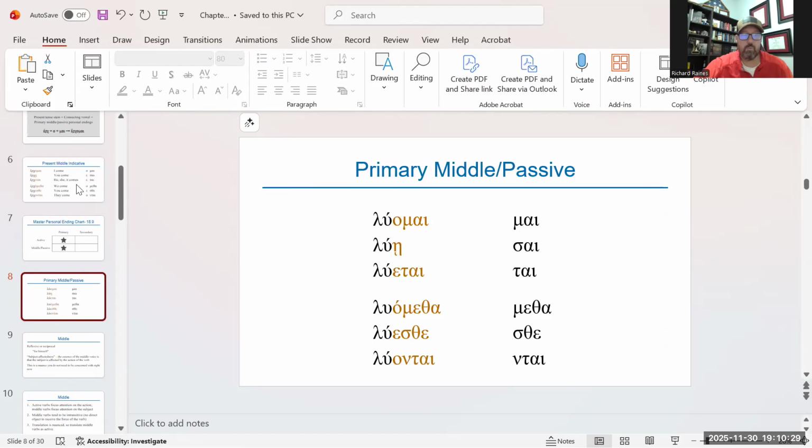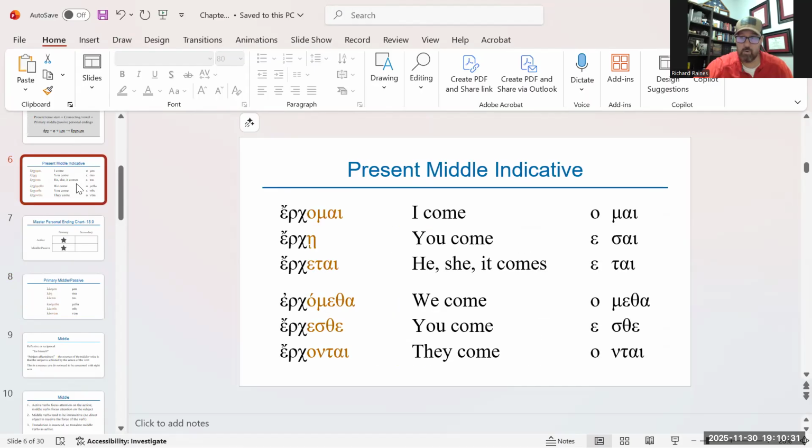So if you encounter words that have these endings, they're going to be either present middle or passive. If they're middle, you're going to translate them as active, and if they're passive, you're going to translate them as passive, and we're going to talk about present passive in just a minute.